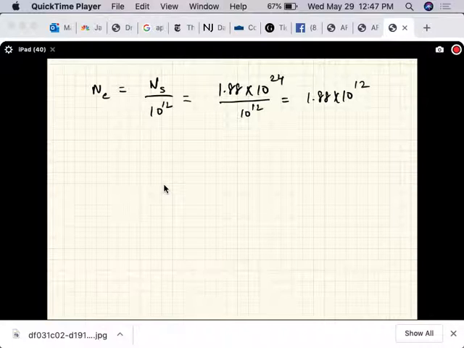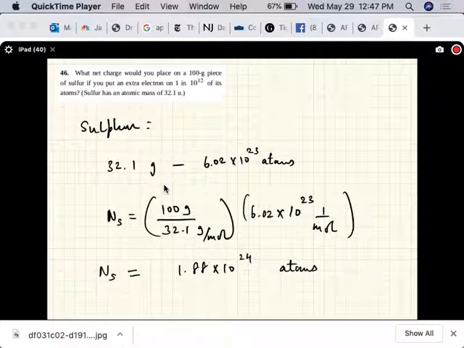So what we are saying is in 2 trillion sulfur atoms you're putting an extra electron. Okay, so what is it?